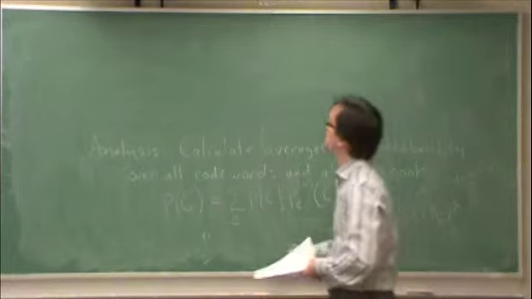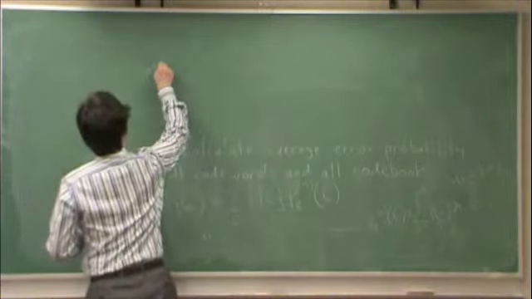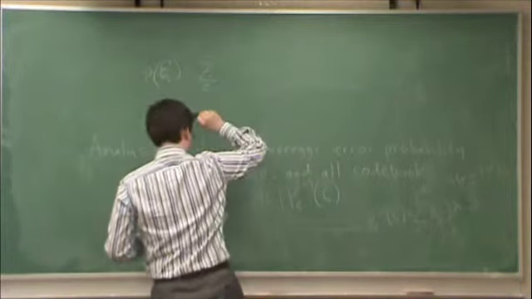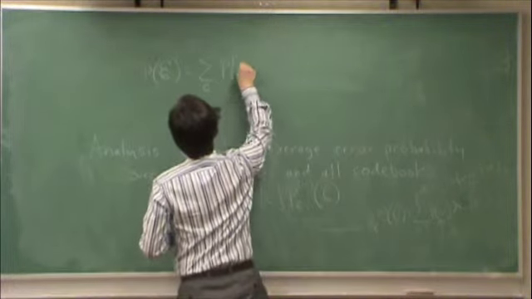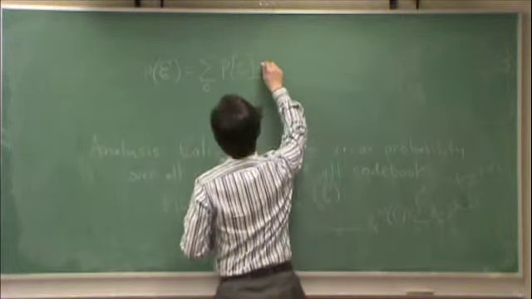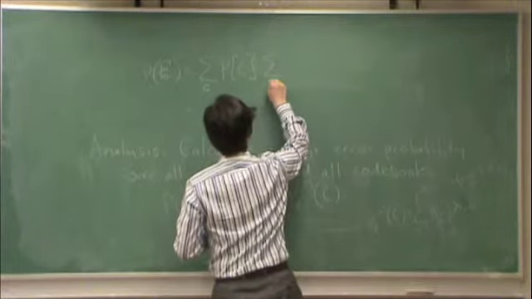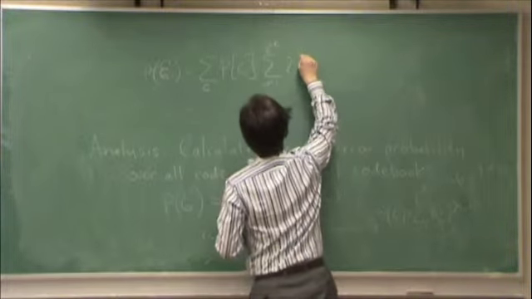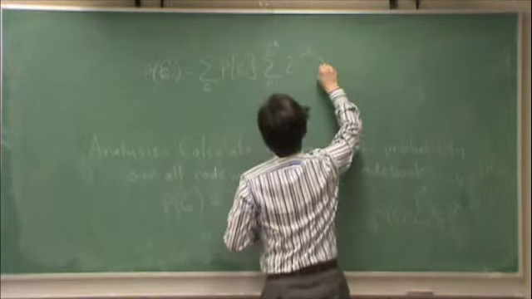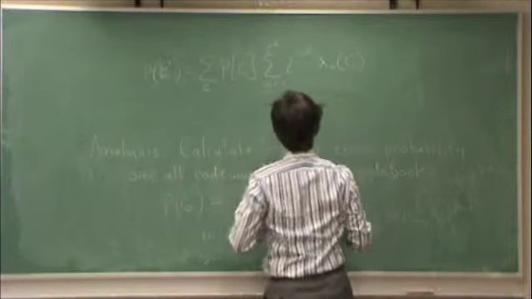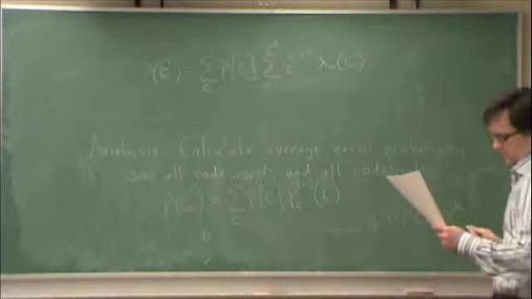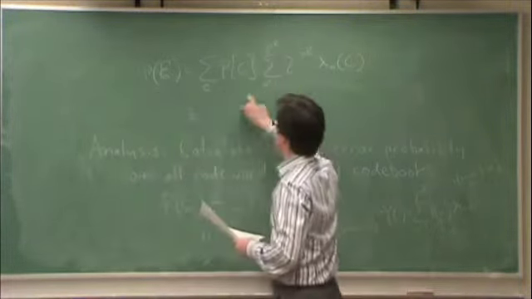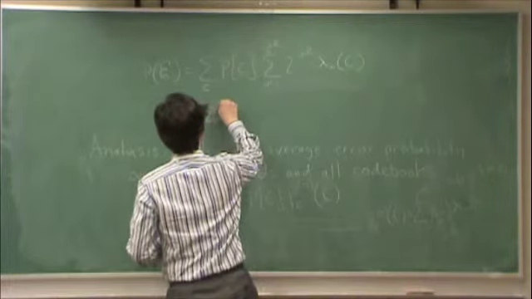So in other words, this probability of error is the sum over all code books of the probability of the code book, sum from W equals 1 to 2 to the nR, of 2 to the minus nR times lambda W of C. Let's rearrange that a little bit. 2 to the minus nR is not dependent on any sum, so I can take that right out.